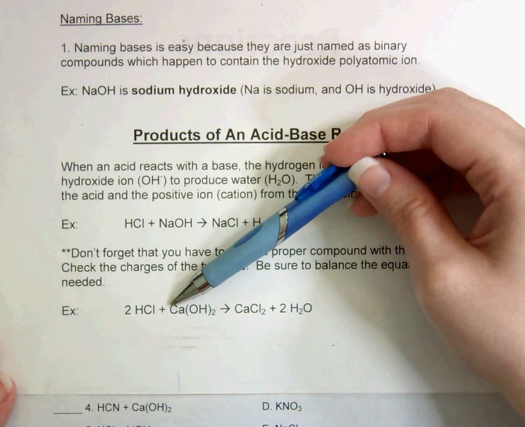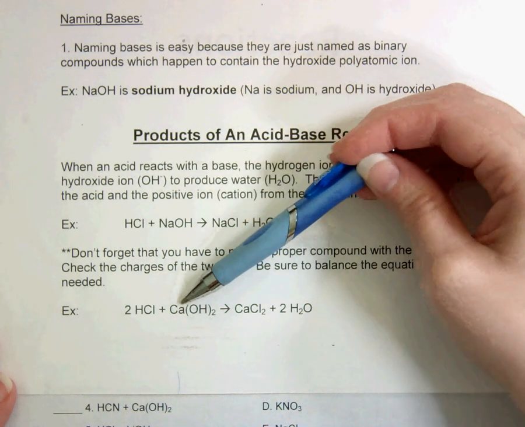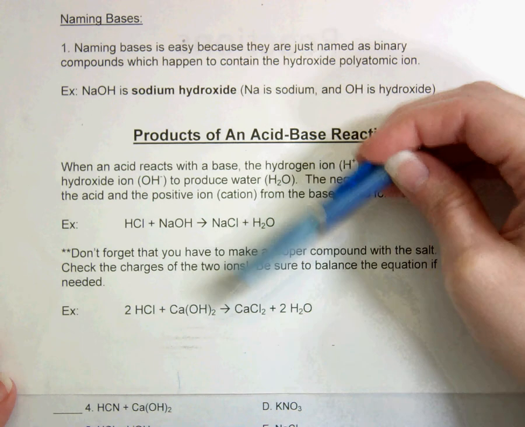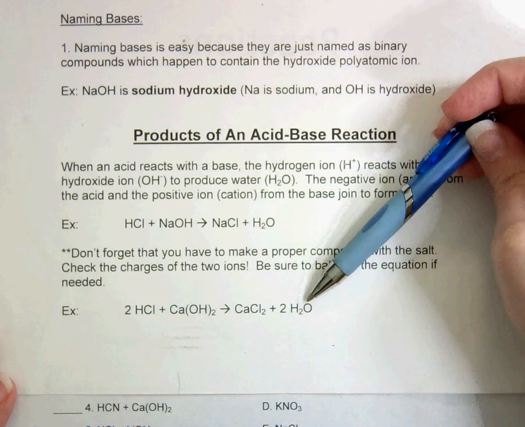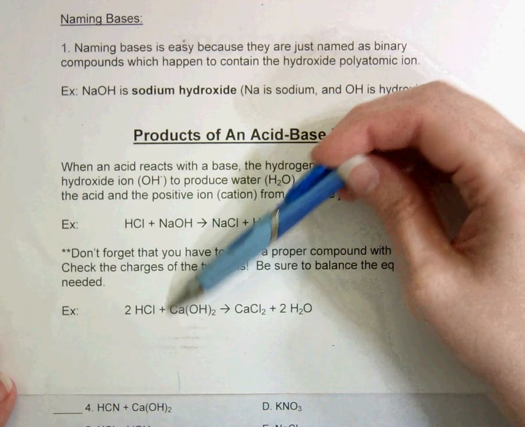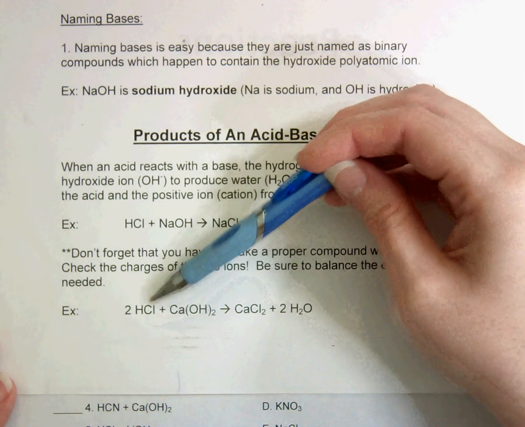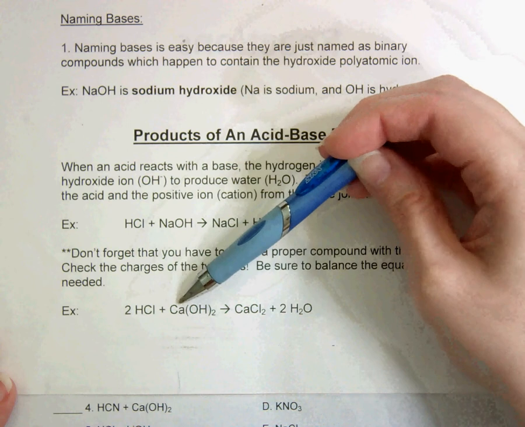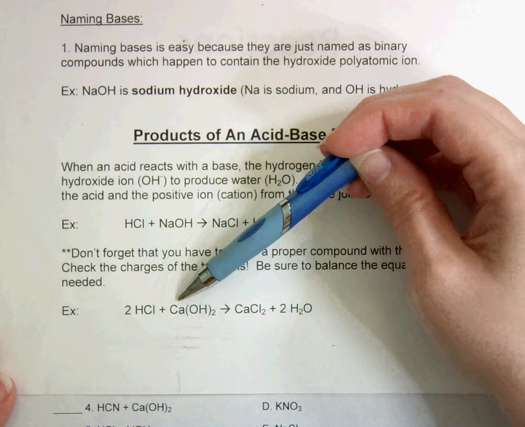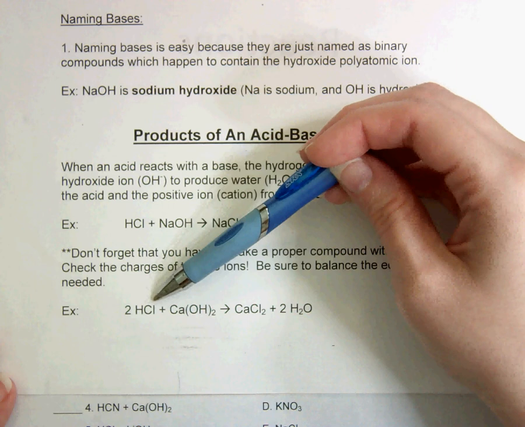Down here is another example where we take HCl again and we react it with Ca(OH)2. Again, the H and OH combine to make H2O, and then we're left with Ca as our positive ion, which goes first, and Cl as our negative ion, which goes second. So I take my Ca, which has a +2 charge, and Cl, which has a -1 charge.